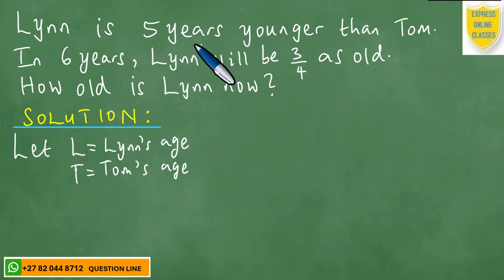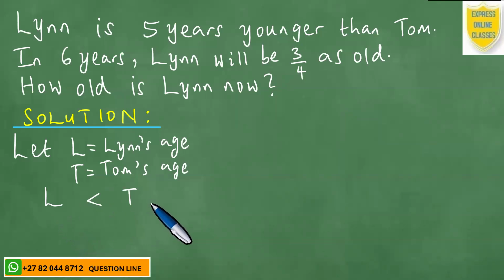Now, Lynn is 5 years younger than Tom. So we are comparing the ages of Lynn and Tom. We are told that Lynn is younger than Tom, so the age of Lynn is smaller than that of Tom.